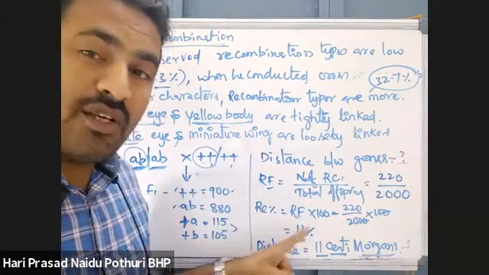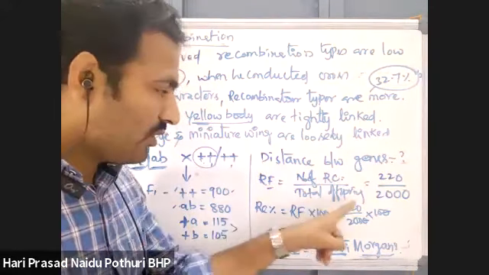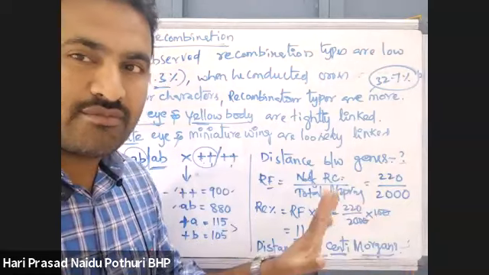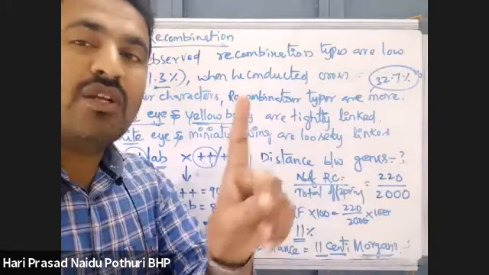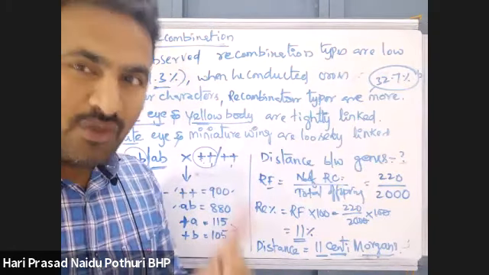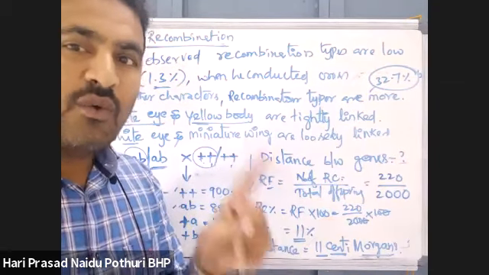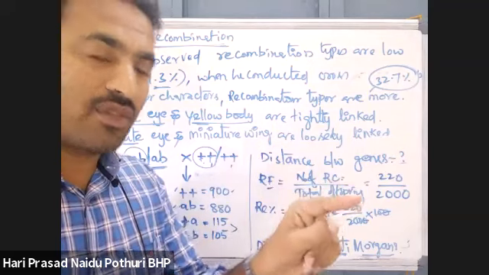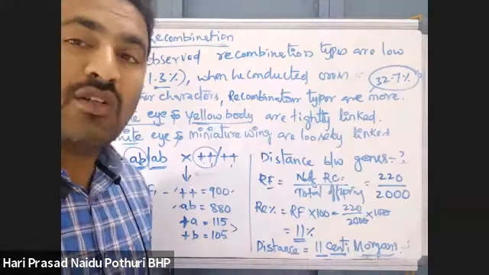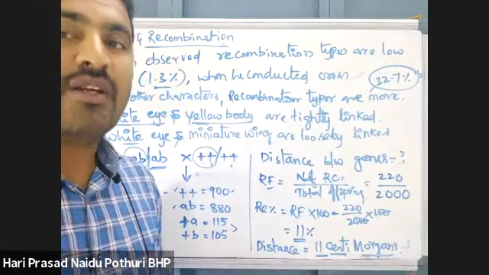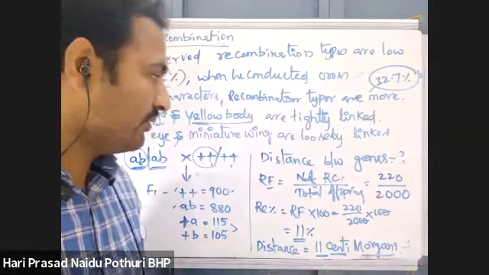Recombination percent is equal to recombination frequency times 100. 1% is equal to 1 map unit. 1 map unit means 1 centimorgan. 11% is equal to 11 map units. What are those units? Centimorgan.